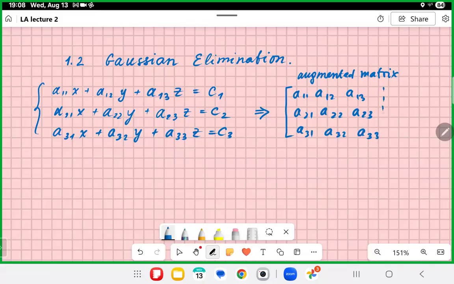And normally, guys, I know that in the book sometimes they're not going to put any separation between the matrix of coefficients and the right side, but I'm going to do it just to keep in mind that we are dealing with an augmented matrix. So that's a typical augmented matrix for a 3 by 3 system, right?